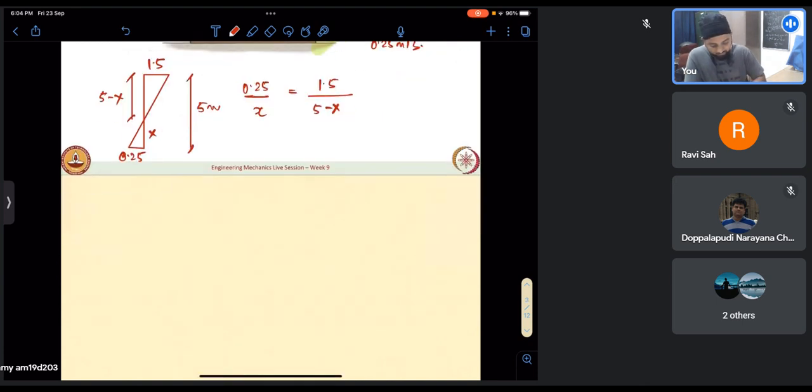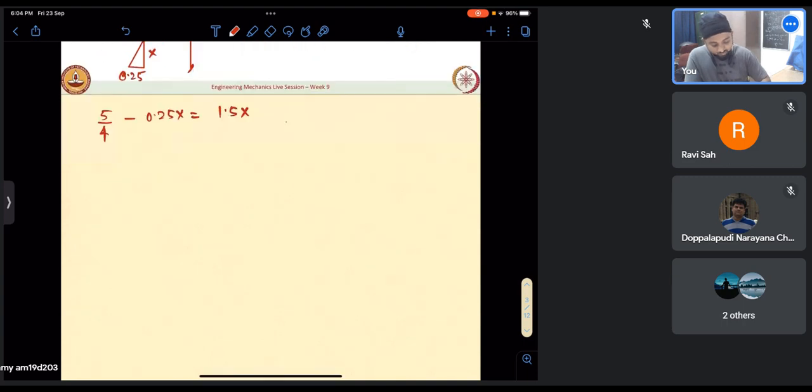What will this come out to be? It will be 5 by 4 minus 0.25x will be 1.5x, or x is nothing but 5 by 4 upon 0.75, into 4 by 3.